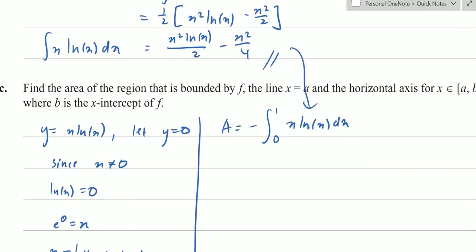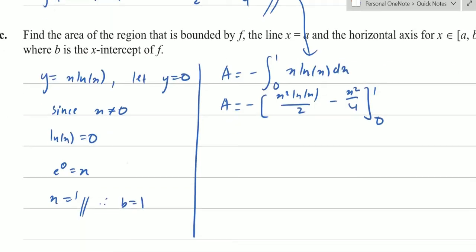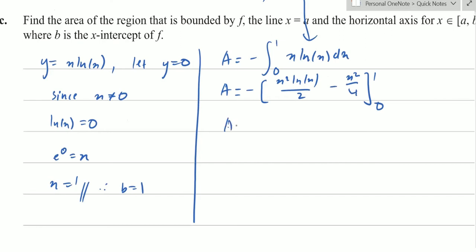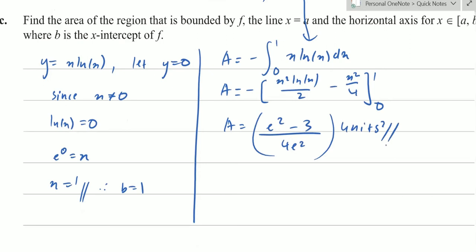So you just sub this part into here, so it's negative x squared ln x on 2 minus x squared on 4 from 1 to 0. Just be careful of your algebra when you expand, but you should get (e squared minus 3) on 4e squared units squared.